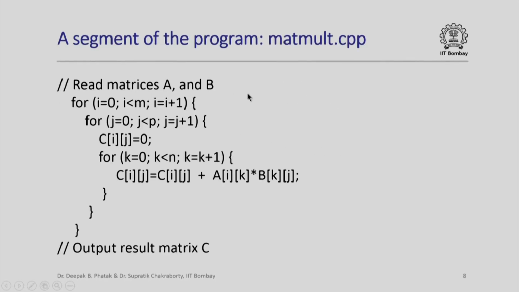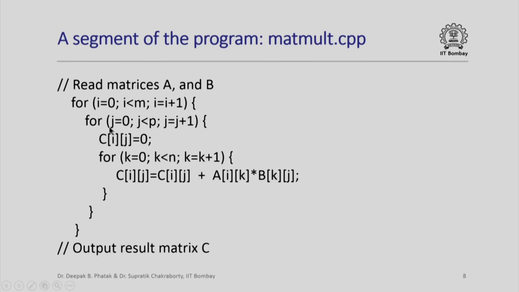This is a small segment of the program which implements the main logic of matrix multiplication. The entire program is available as matmult.cpp on the side. So, I presume that I have read the matrices A and B. Having read the matrices, I set up an iteration to vary i from 0 to m minus 1.